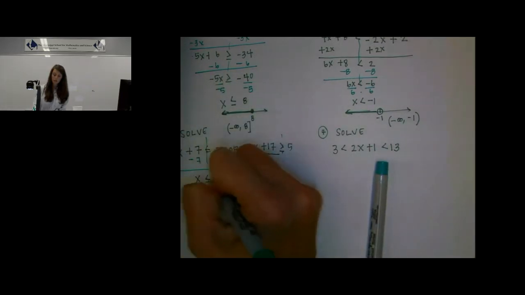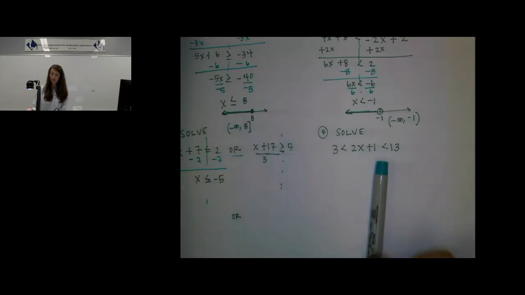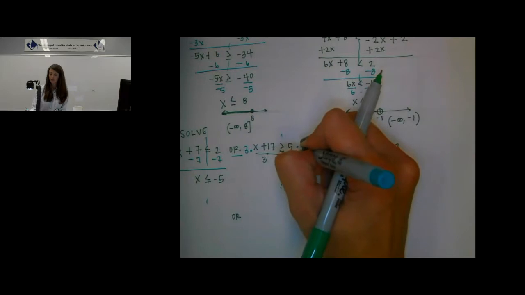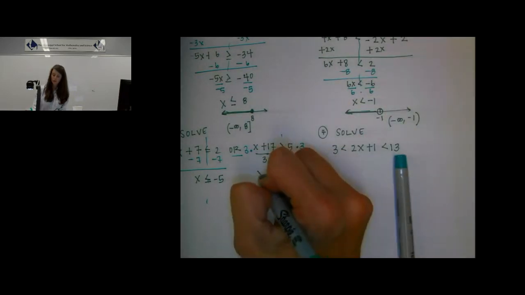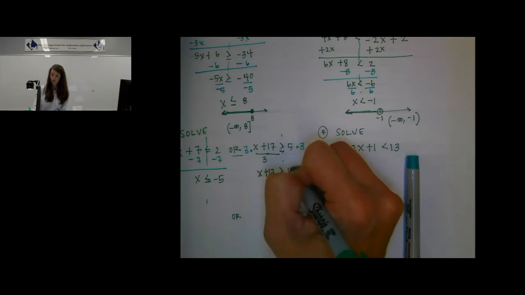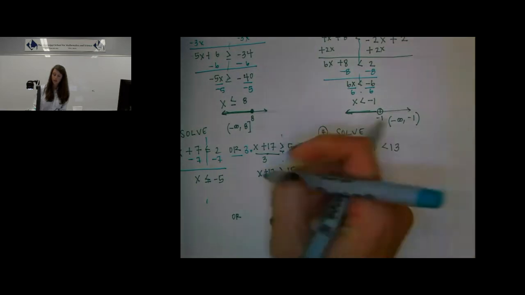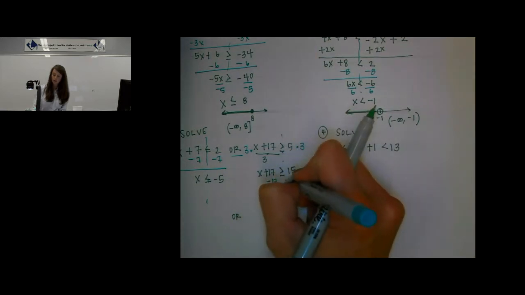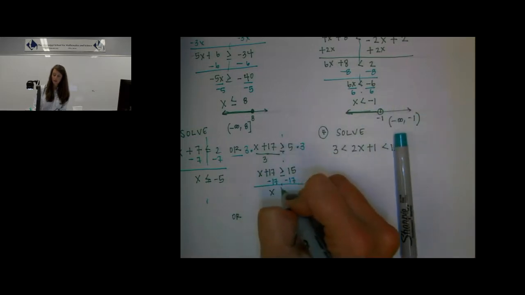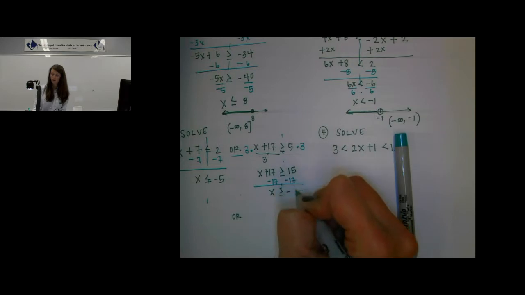So x will be less than or equal to negative 5. First thing I need to do here is to multiply by 3. So when I multiply by 3, I'll have x plus 17 is greater than or equal to 15. I'll subtract 17, so x is going to be greater than or equal to negative 2.